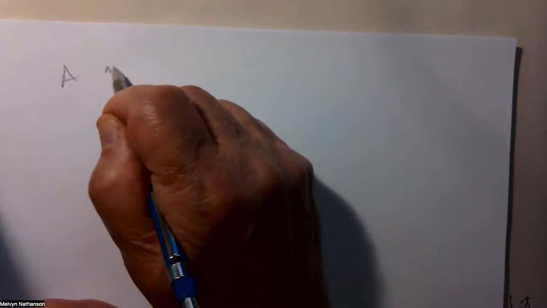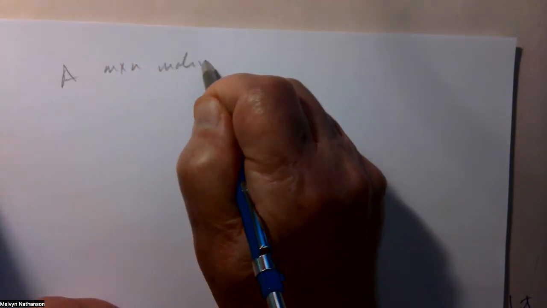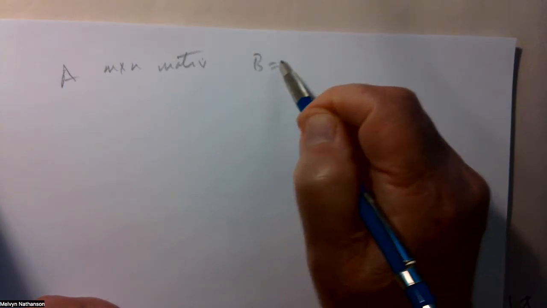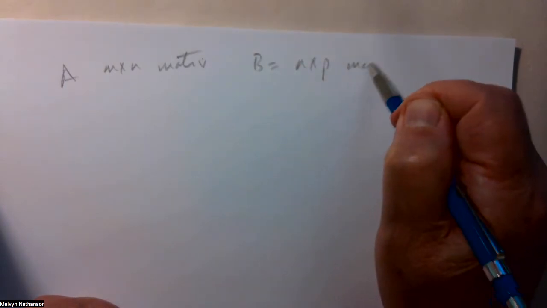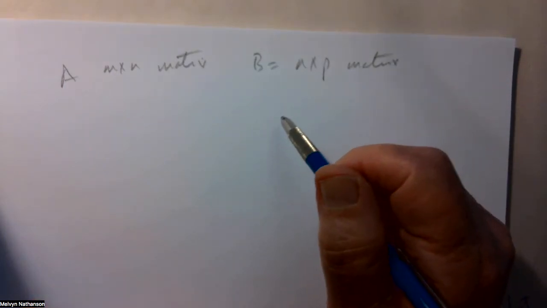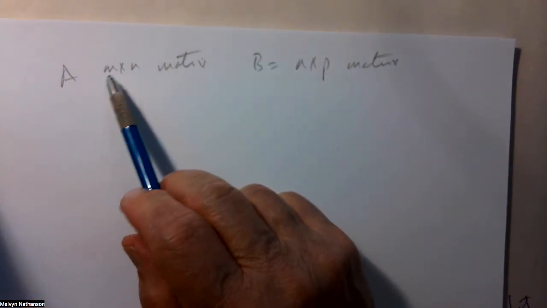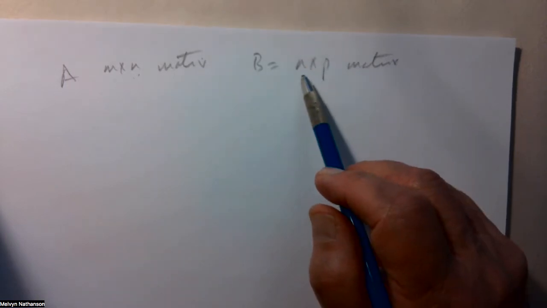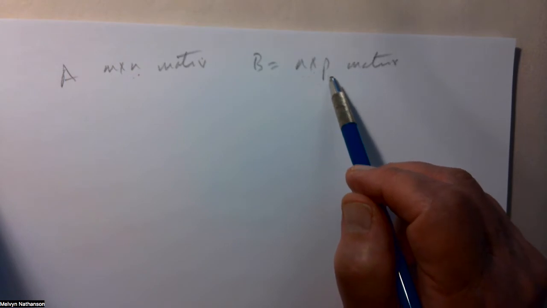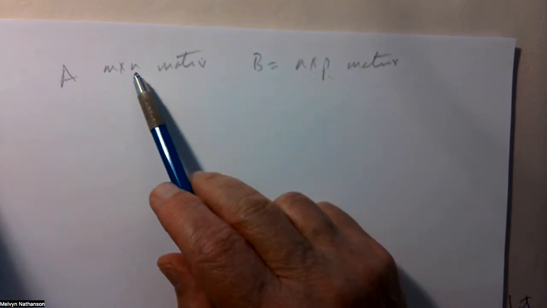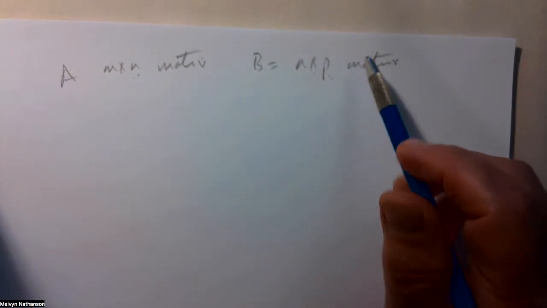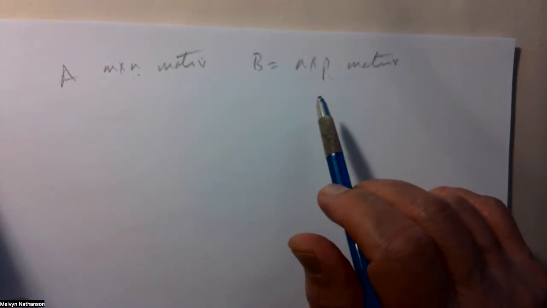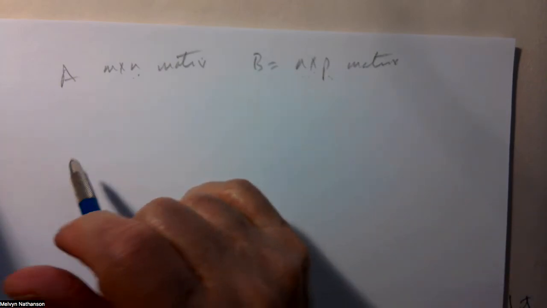So if A is an m by n matrix, and B is an n by p matrix, so m, n, and p are any positive integers, but here n is the number of columns of A, and here n is the number of rows of B. So if the number of columns equals the number of rows, then there's a definition, a construction of matrix multiplication.